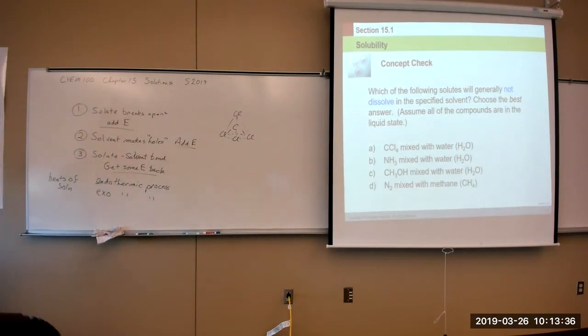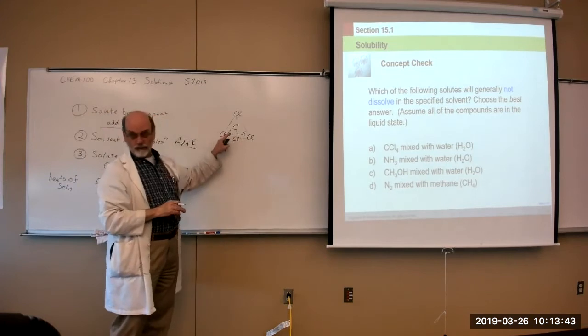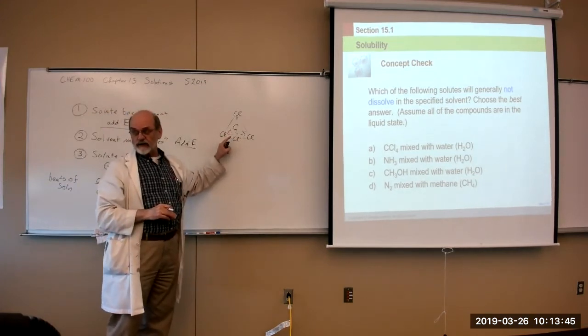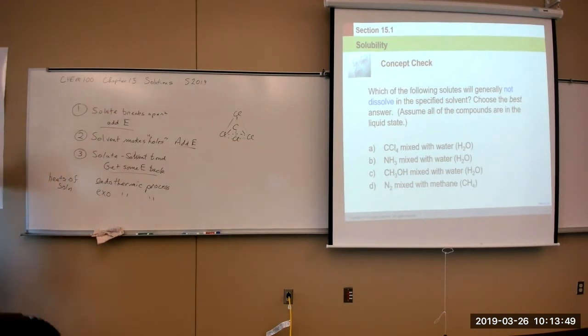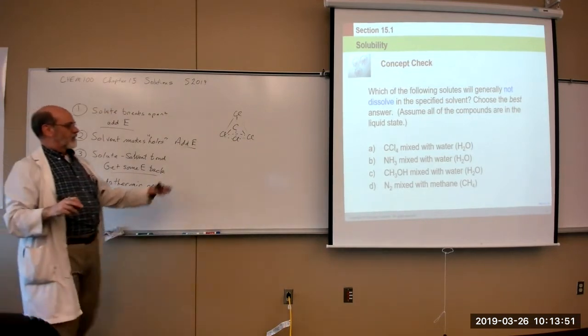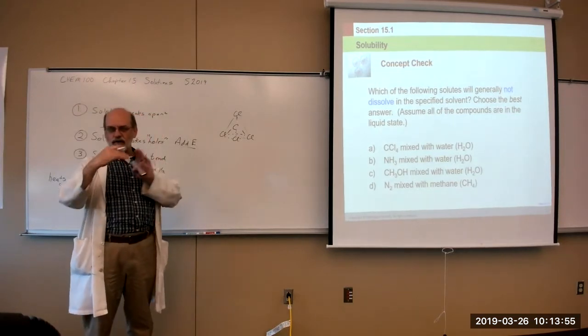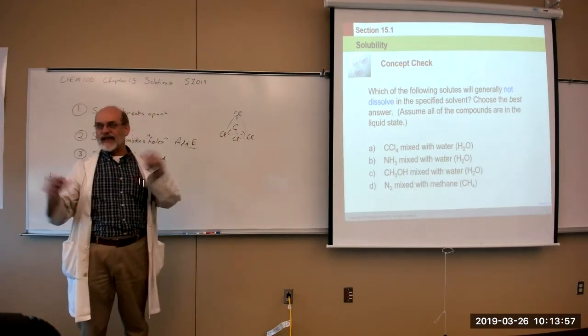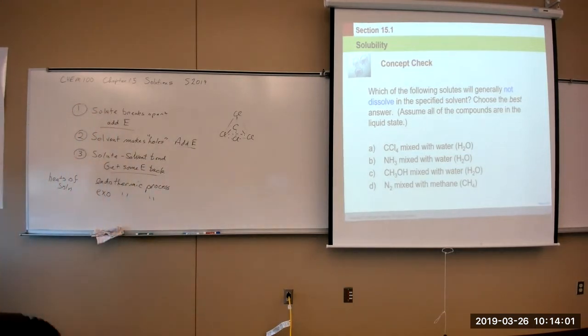That's a tetrahedron. So even though these bonds are polar, chlorine is a very strong attractor for electrons versus carbon. But the molecule is symmetric, and all of those dipoles cancel one another out. So that makes carbon tetrachloride nonpolar overall.